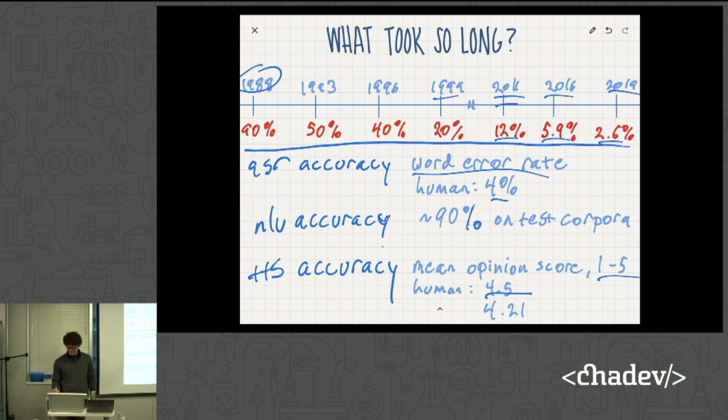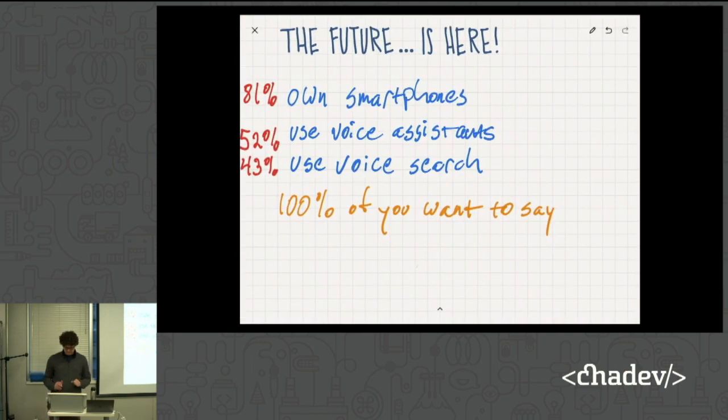The very best state of the art for synthetic voice is about 4.21. So not terrible, not great, but probably good enough to start using. So together we have reasonable ASR accuracy, reasonable NLU accuracy, and reasonable TTS representation. So it seems like the future is here.